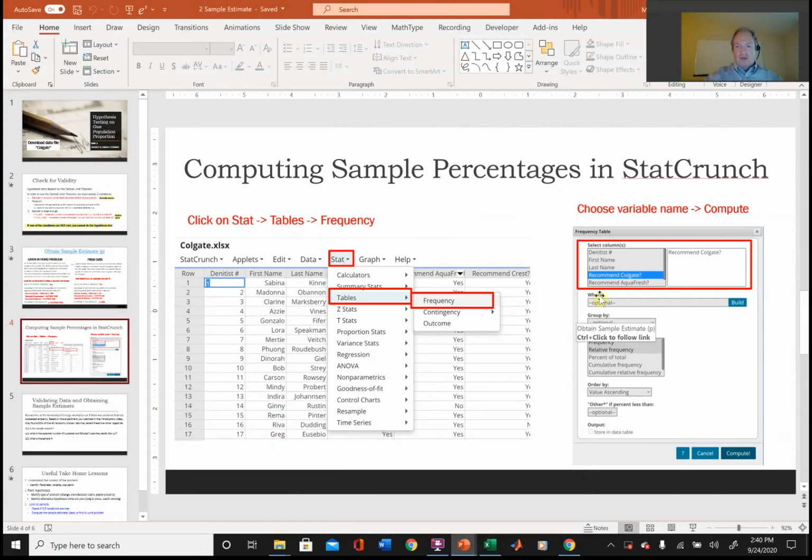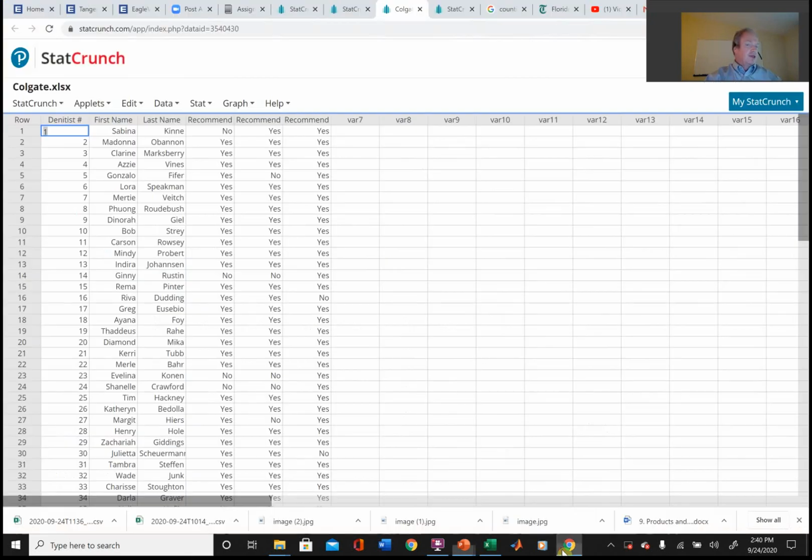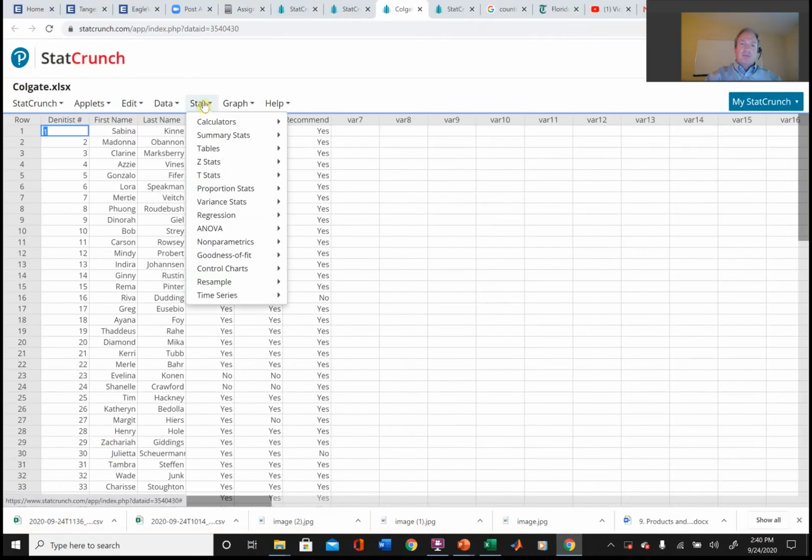But I'm just going to show you what the instructions actually tell you. You're going to go to Stat, Tables, and Frequency. Okay. So we've done Stat Calculator for normal distribution, Stat Summary Stats when we were doing descriptive statistics for a quantitative variable, and now we're going to do Stat Tables Frequency.